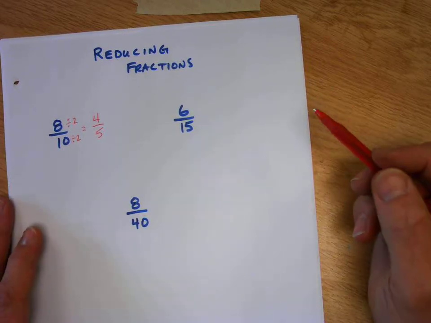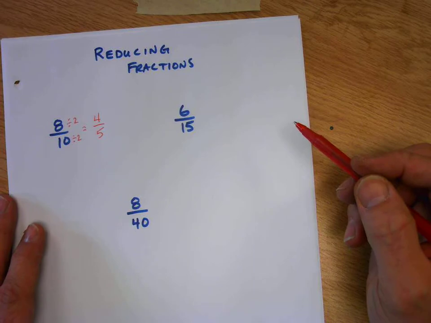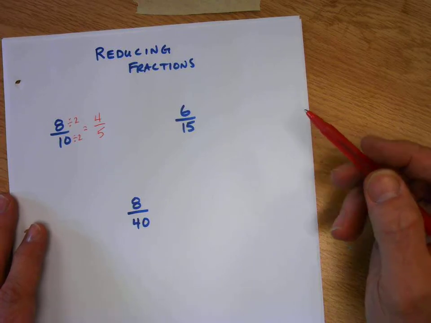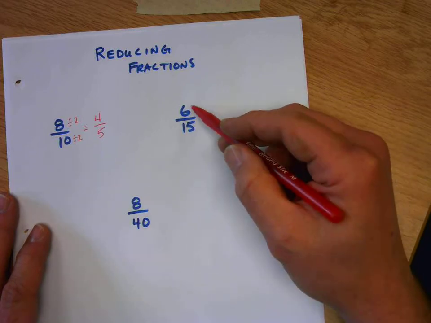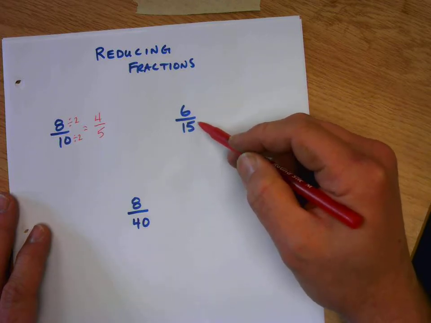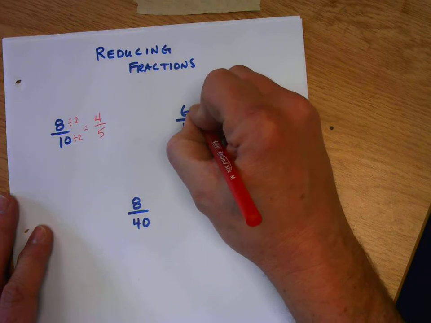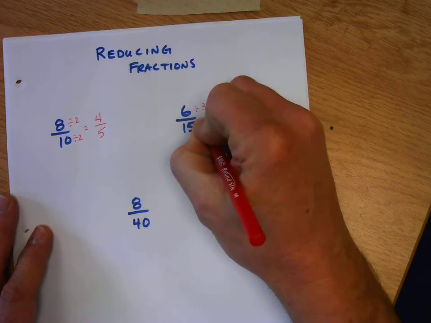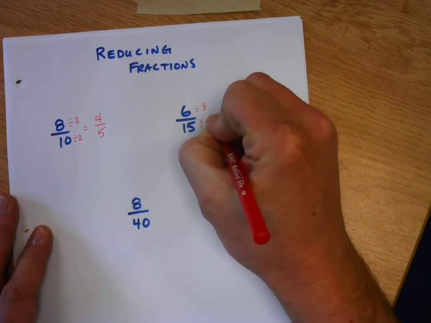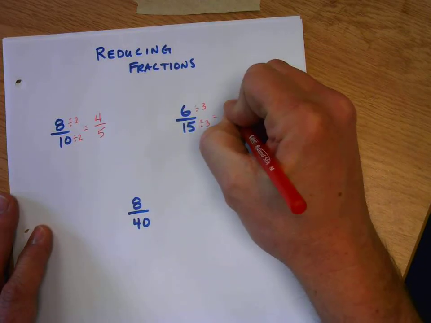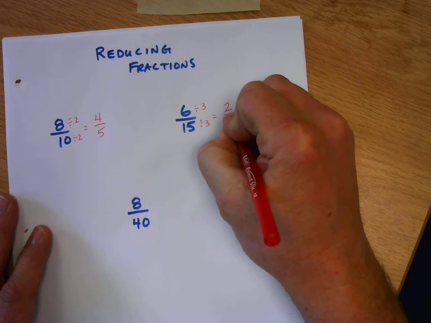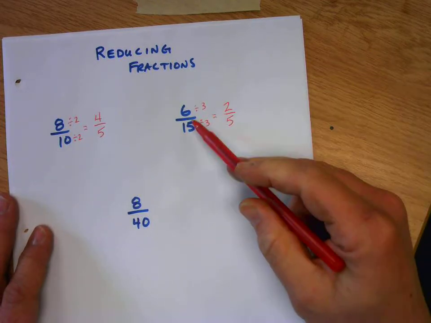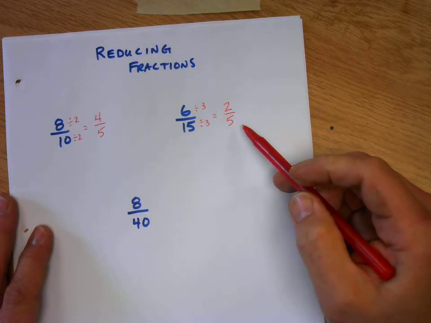So, at that point, we would want to consider our first odd number as a possible divisibility value, which is 3. So we want to see if 3 can divide into both 6 and 15, and indeed it can. So we can divide both numbers by 3, and 3 goes into 6 twice, and 3 goes into 15 5 times. So 6/15 can be reduced to 2/5.